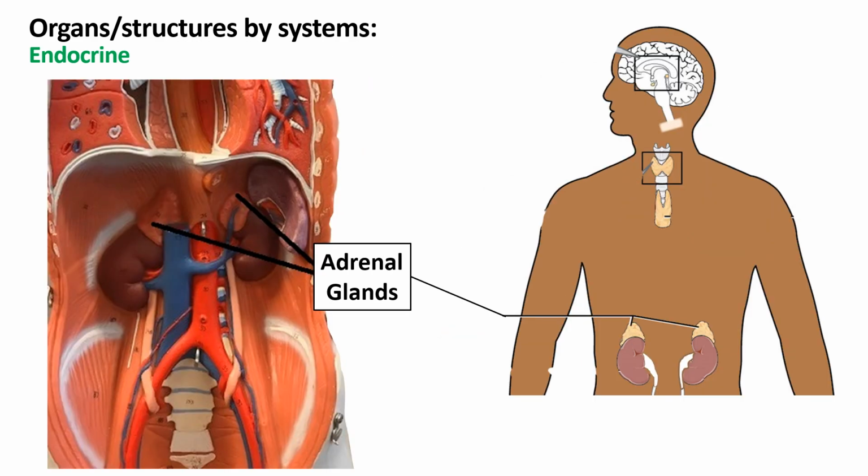Okay, this is a different picture from a different model, but you can see here, this will be the kidney. Which kidney, right or left? If you say right, that is correct. And then we have here the other kidney, that will be the left kidney. Now, the fatty tissue that is on top of the kidney, that is the adrenal glands. Right adrenal gland, left adrenal gland.